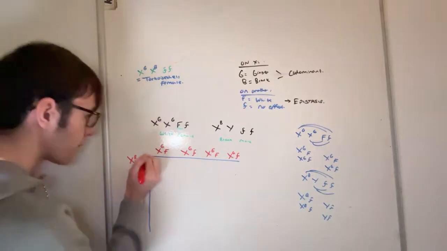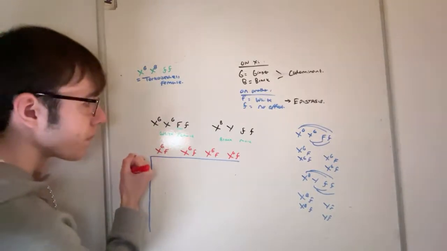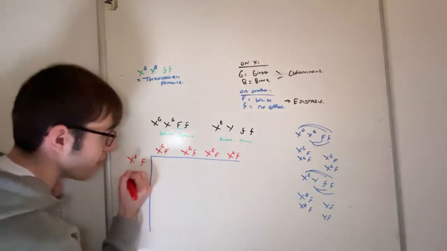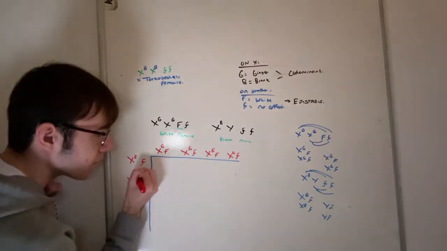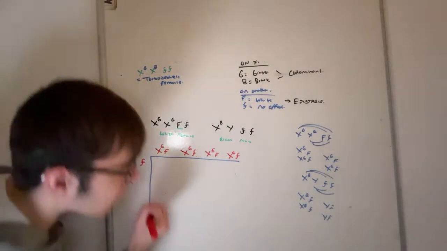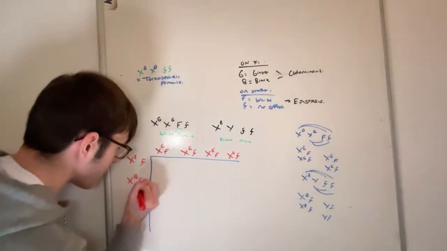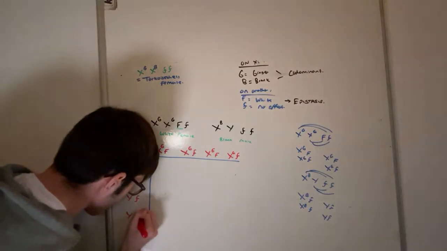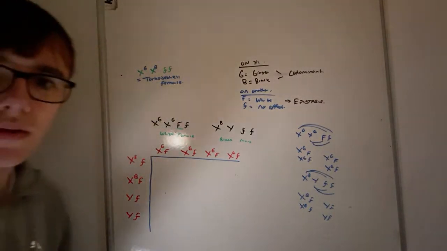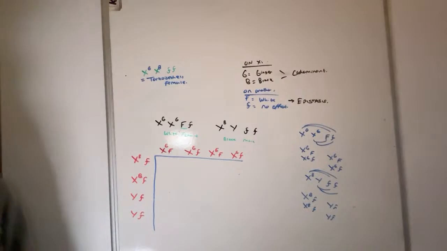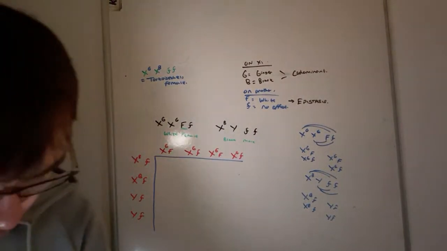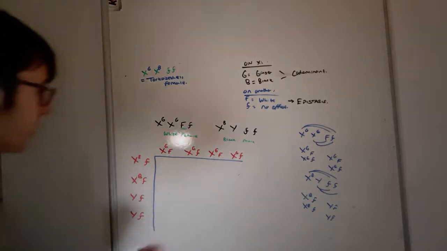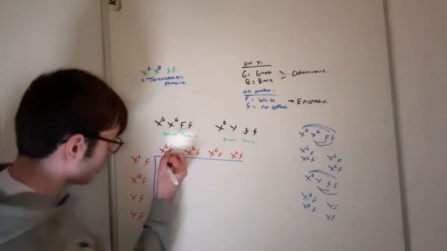Is that right? Just making sure I'm doing this as accurately as possible. Okay. There we go. That's the Punnett square. Honestly, in an exam, this would take so much time. This would kill me in an exam, I'm convinced.